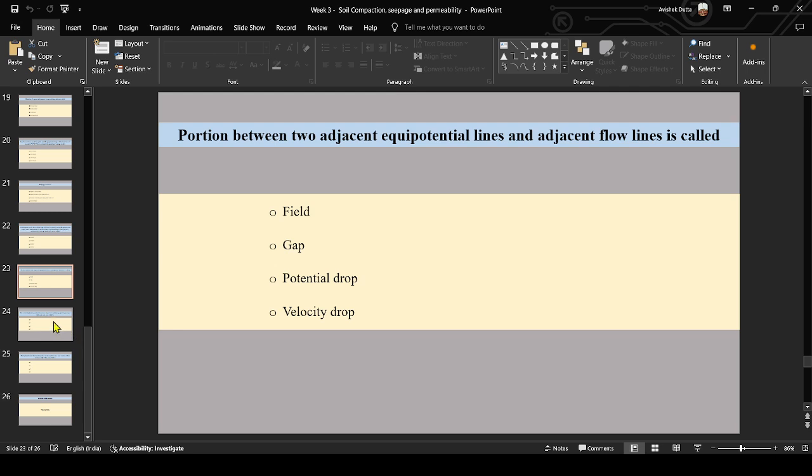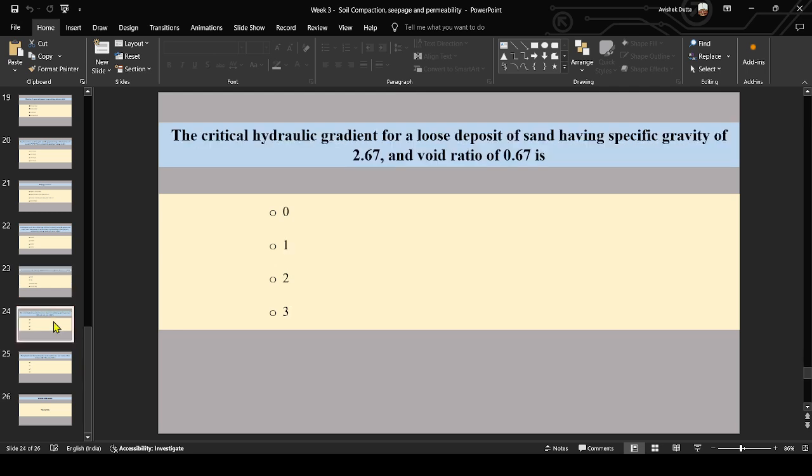Next question. The critical hydraulic gradient for a loose deposit of sand having specific gravity of 2.67 and void ratio of 0.67 is. I hope you know the concept of critical hydraulic gradient with respect to the quicksand condition. So for a loose deposit of sand which has specific gravity of 2.67 and void ratio of 0.67, what will be the critical hydraulic gradient?